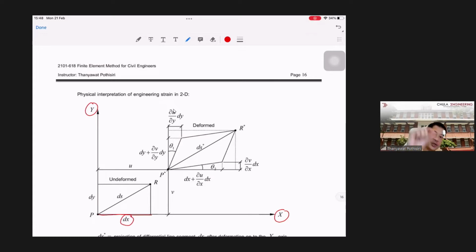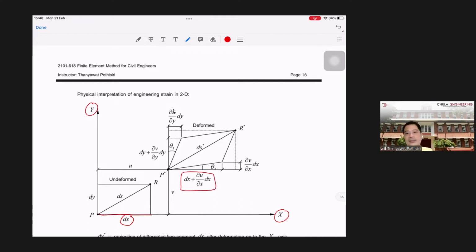Because the displacement function u would tell you how much x would displace in X direction. Okay. So if you subject dx to a displacement function u and you want to know how much dx has elongated in X direction, then you would compute this term right here.